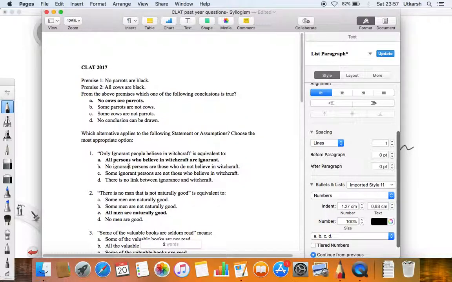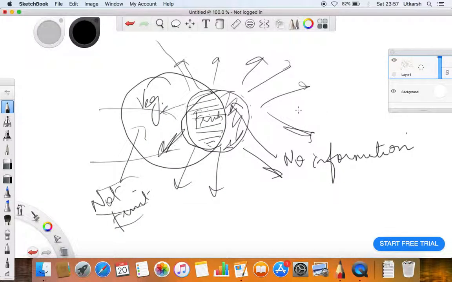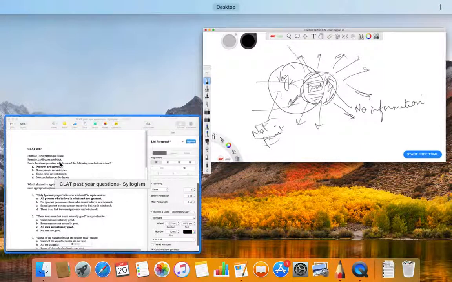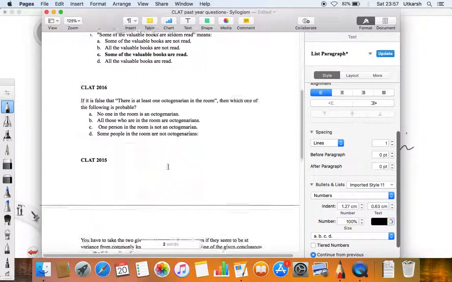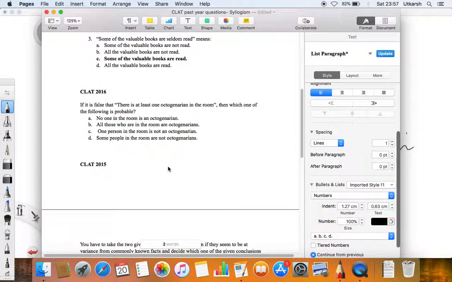These questions come about because people lack technical understanding of logic. Even the people who frame the question papers lack technical understanding of logic, which makes it slightly problematic for CLAT aspirants also. But we have solved most of these questions. This is not solvable via Venn diagram. I think there's an easier way to solve it without a Venn diagram.